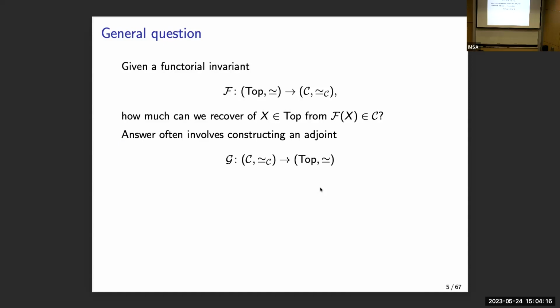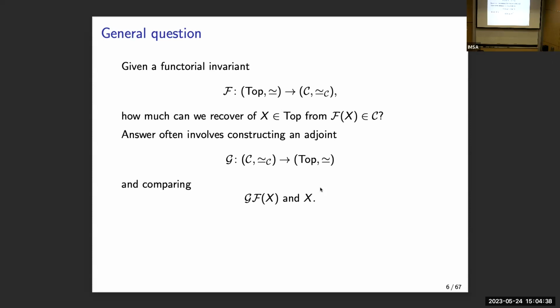And the answer to this question often involves constructing an adjoint in a homotopical sense. An adjoint that also preserves these notions of weak equivalence, and comparing the adjoint applied to that functorial invariant and your original space.